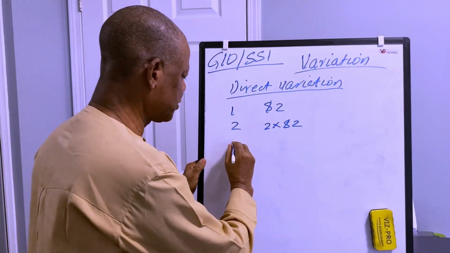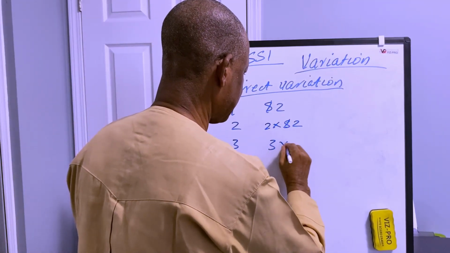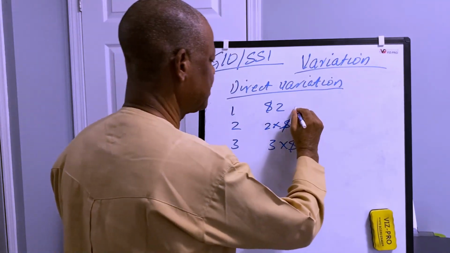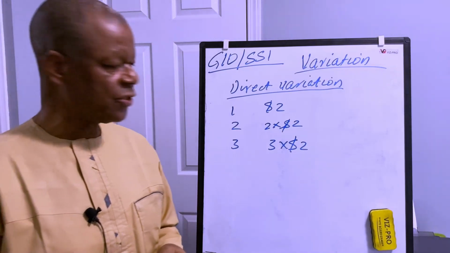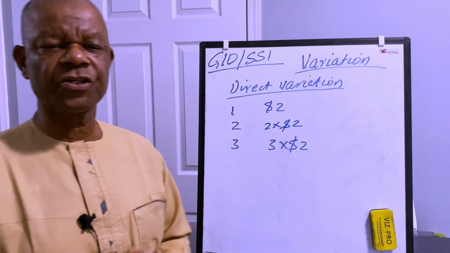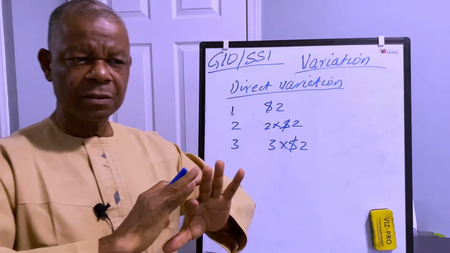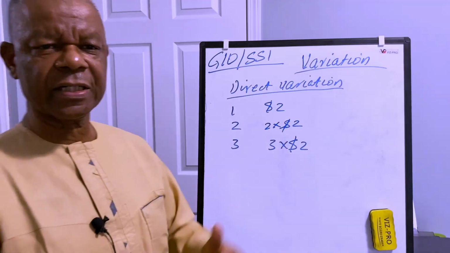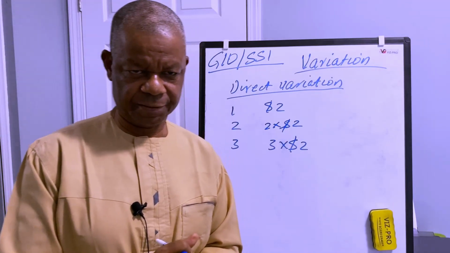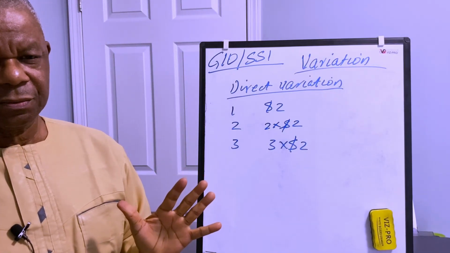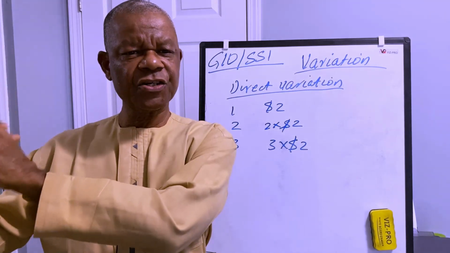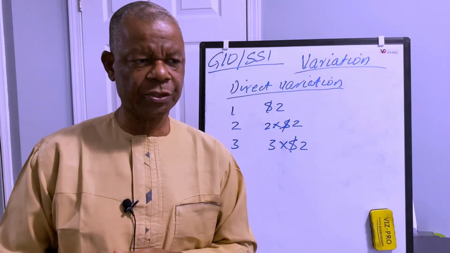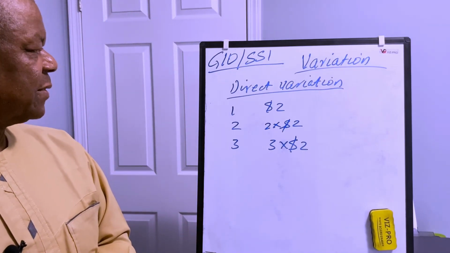And when you increase the quantity to 3, this will be 3 times $2. You can see as the quantity increases, the cost increases in the same proportion. We call this sort of variation direct variation, where the two either increase together or decrease together in the same proportion.